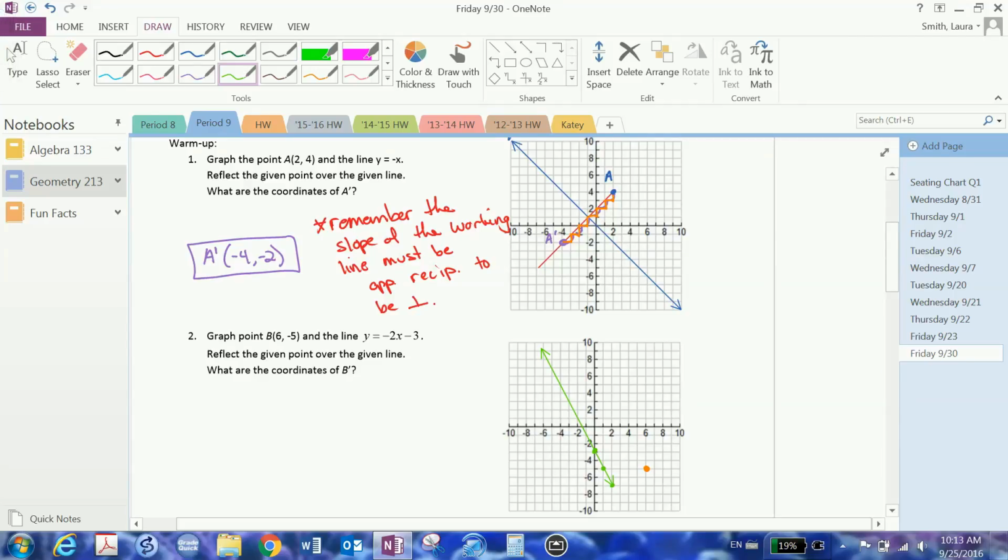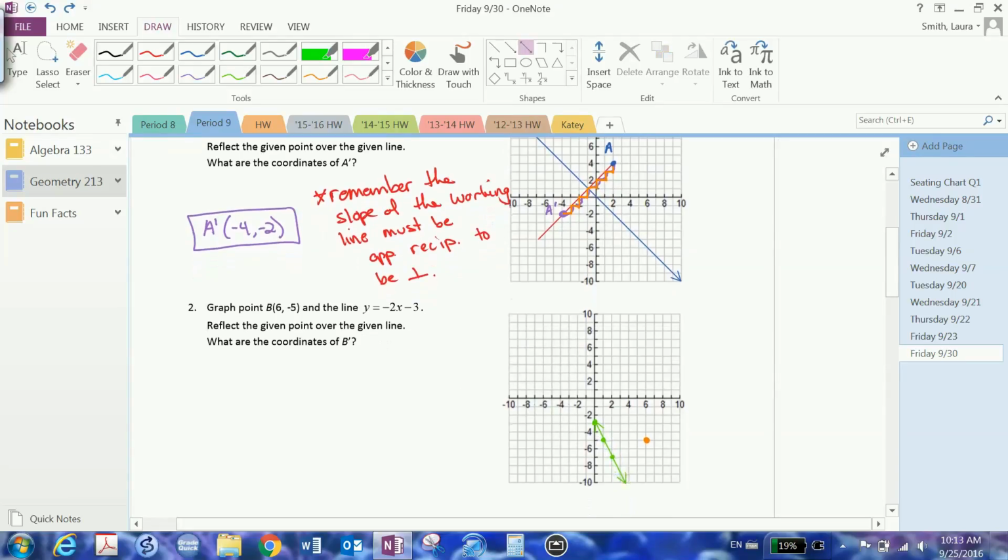All right, I actually want to extend that line, so I'm going to make it a little bit longer. Okay, so this is my line of reflection, and its slope is negative 2.